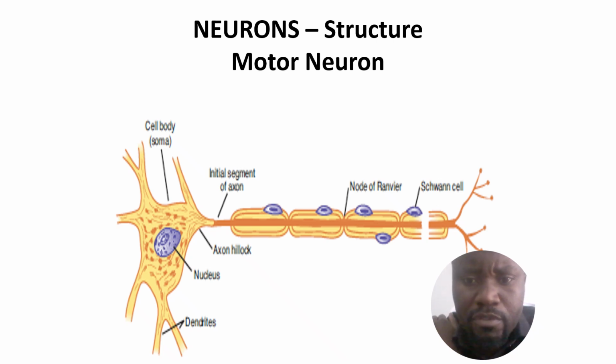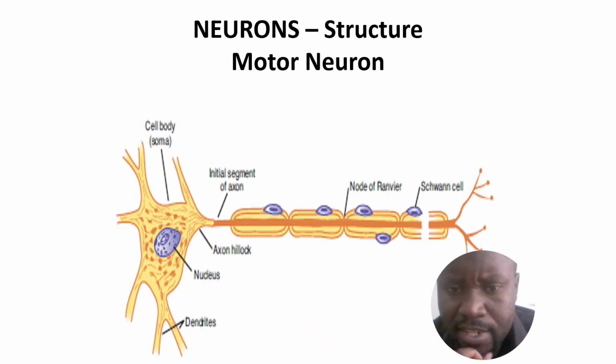Most axons are myelinated to provide efficiency in their function, but the myelination is not a complete one. It provides nodes, portions where there is no myelination, and these nodes were described by Ranvier, so they are called nodes of Ranvier. And these nodes are the points where we have large populations of voltage-gated sodium channels that allow the large flow of currents of electrolytes.